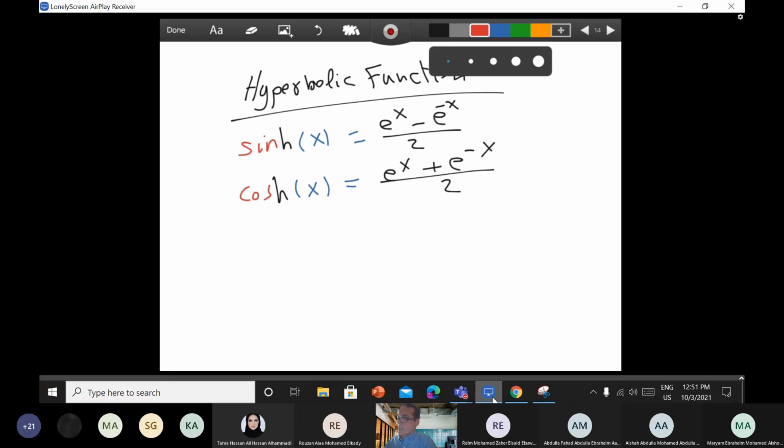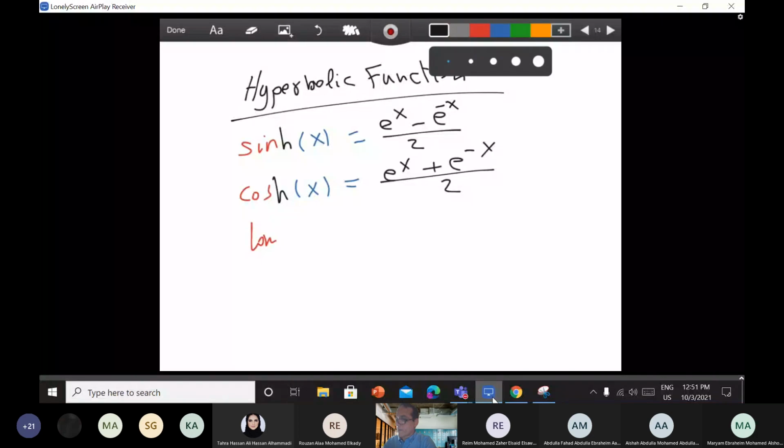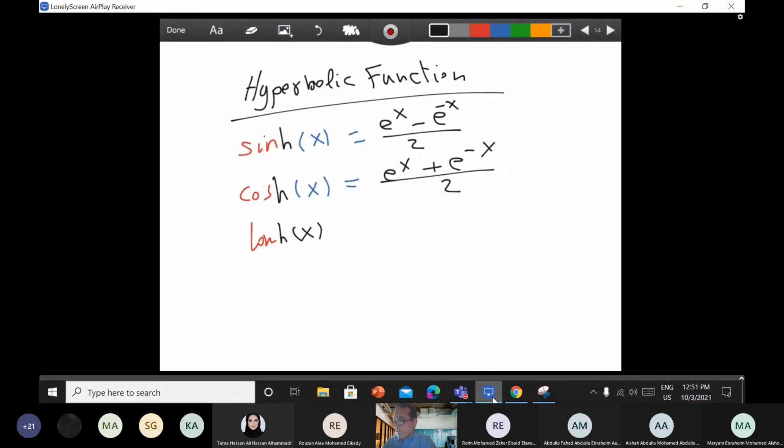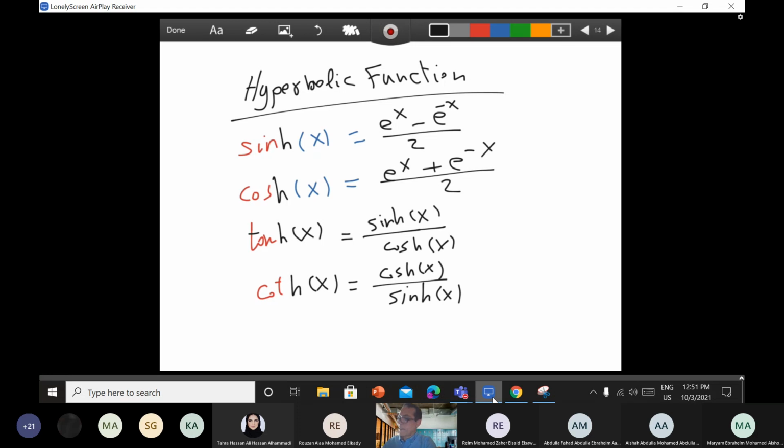Because they are similar to sine and cosine, I'm expecting to have tanh x as sinh over cosh x, right? And I am expecting to have coth x as cosh x over sinh x.